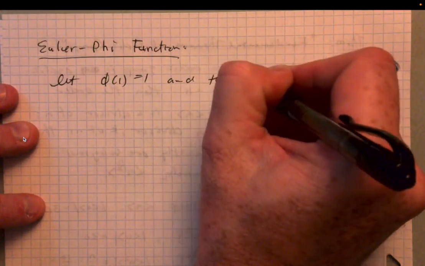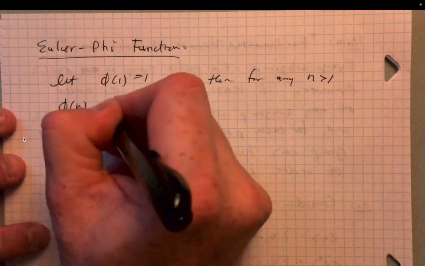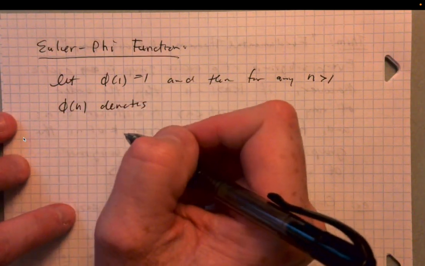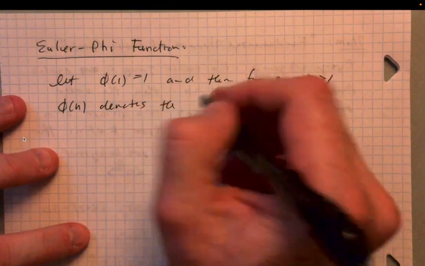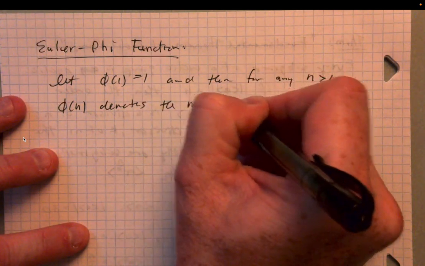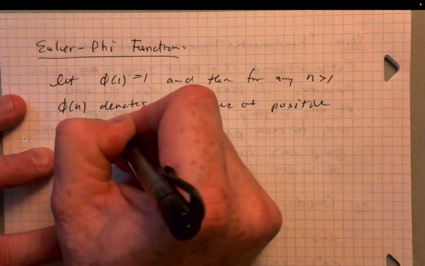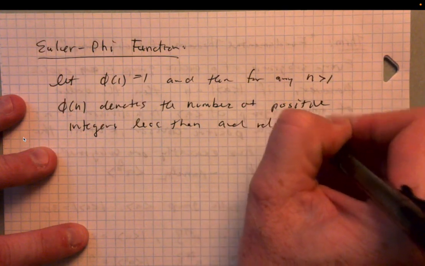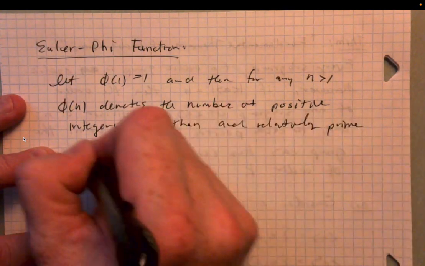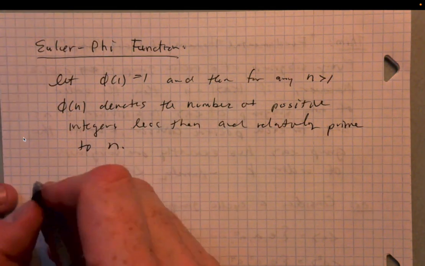And then for any n greater than 1, phi of n denotes the number of positive integers less than n and relatively prime to n. Okay. All right, so let's write a couple of these out.